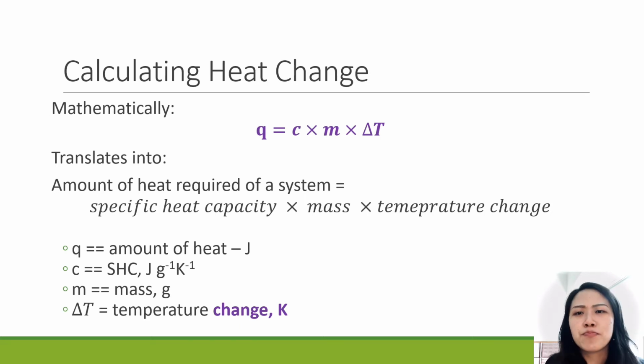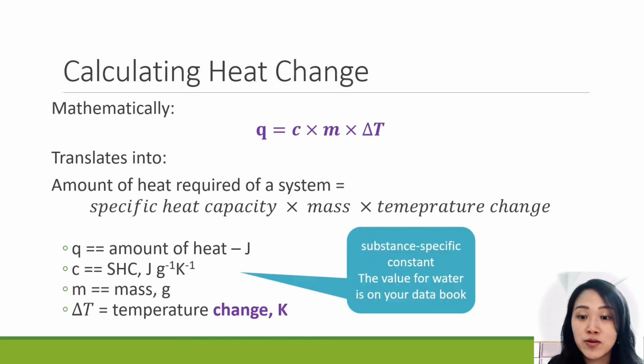Also, it comes down to the amount of temperature change that you want. So the quantity and the units are where we want to pay attention when we're doing the calculation. Also, the substance-specific constant value for water is given in our data book.